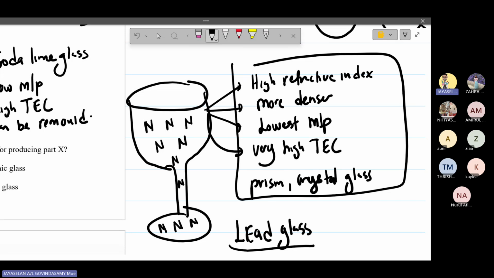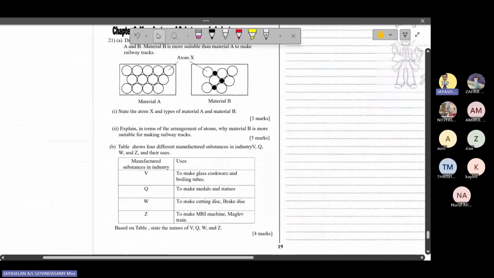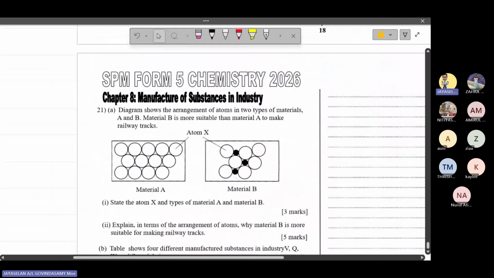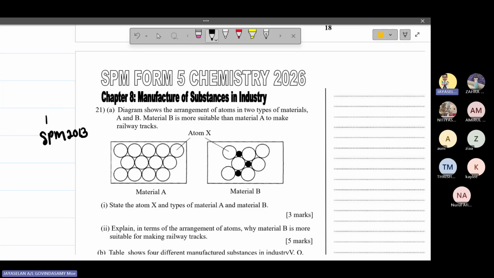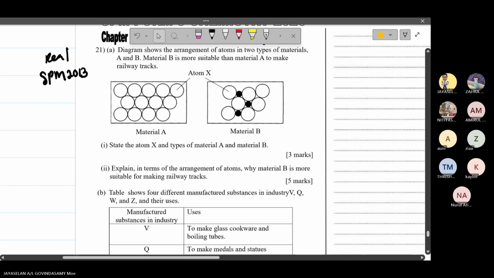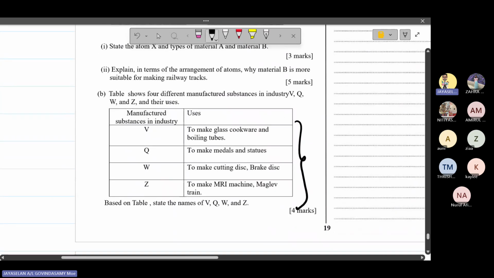Okay, kena? Okay, guys, can we do this SPM question? Ini kan SPM. Okay, tengok 2013 paper, real exam. Semua ni sama, tetapi I modify the question here. Can?